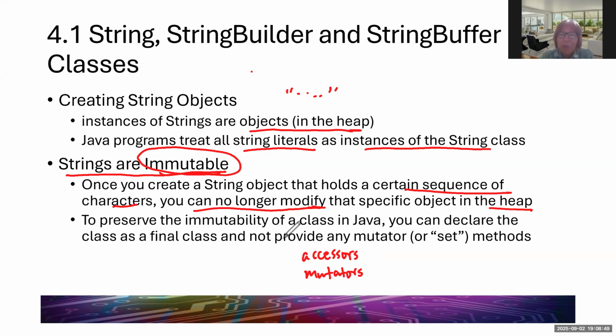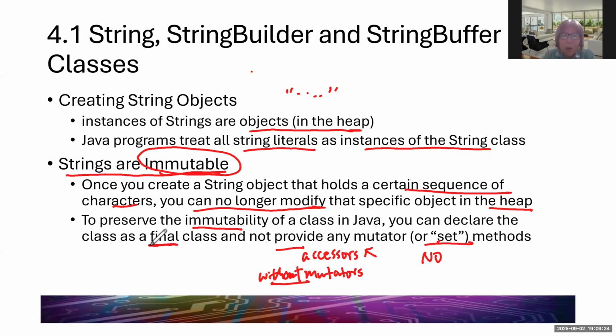So if we want the class to be immutable, we can provide the class without a mutator, so no set method. If there are just accessors, generally you cannot modify it, but we will also see there are some points we need to be careful about.